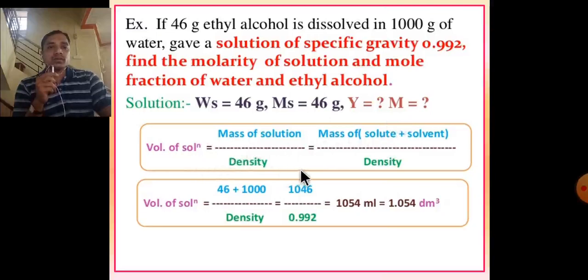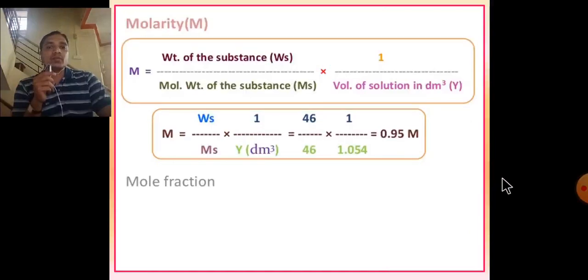Volume of solution is mass of solute plus solvent divided by density, that is 46 plus 1000, 1046, divided by 0.992. This gives 1054 ml, that is 1.0554 dm cube. Now the molarity and mole fraction of the water.